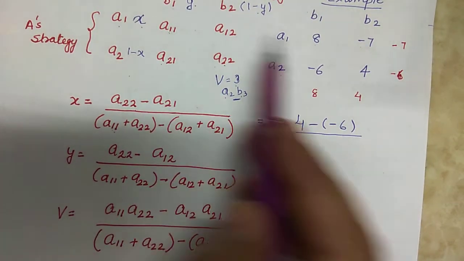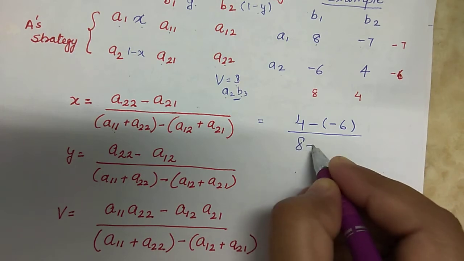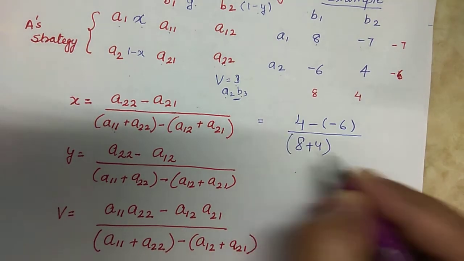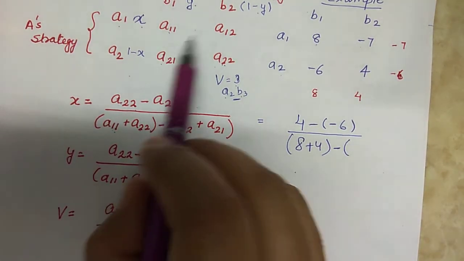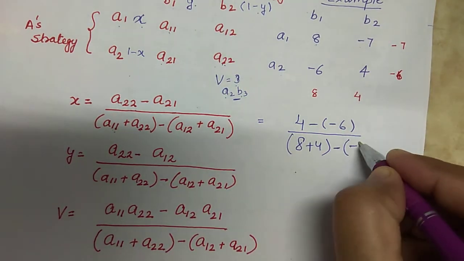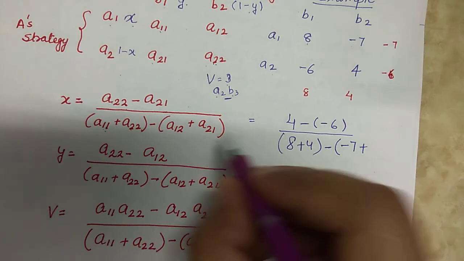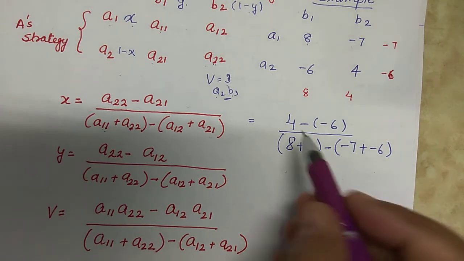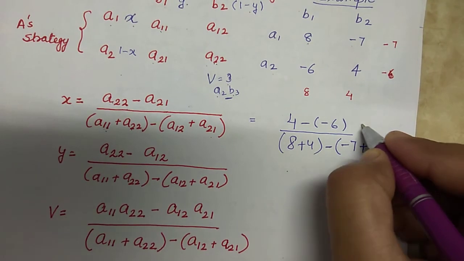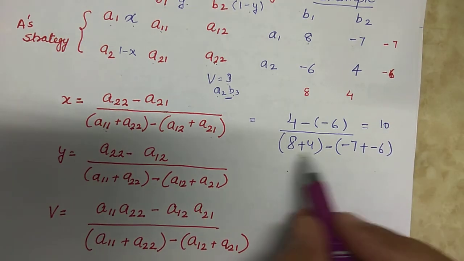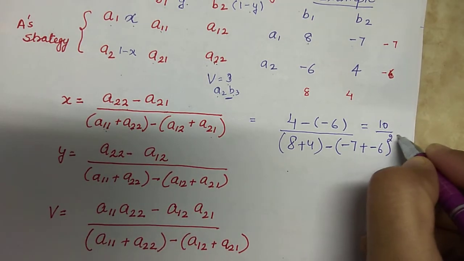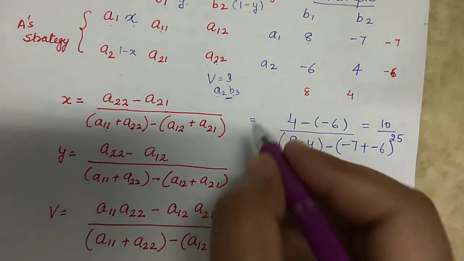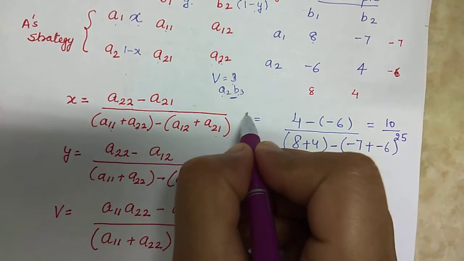A11 is this value, that means 8, plus A22, which is 4, minus A12, which is -7, and then plus A21, which is -6. So what we get is, this is 10 and this becomes 25. If we further solve it, this becomes 2/5. So the value of X is 2/5.